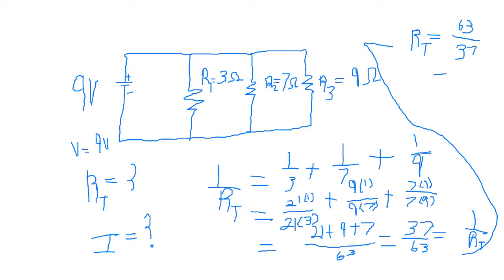Did everybody get 1.7? You should have. It's pretty simple to just type that into your calculator. All right, so now what is I? We know V is equal to IR. So what is I?